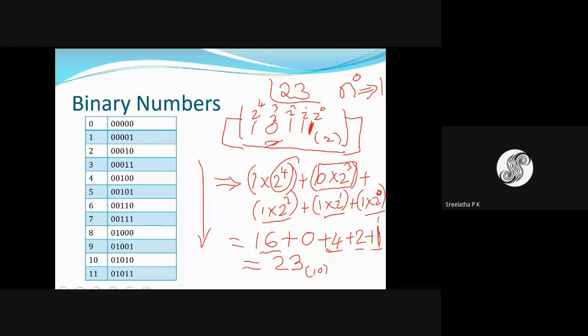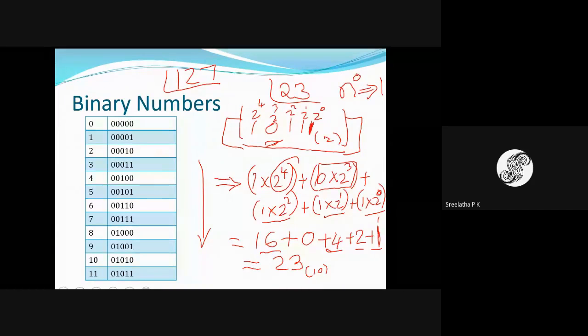Okay. Now find the binary value of 127. Binary value of 127.